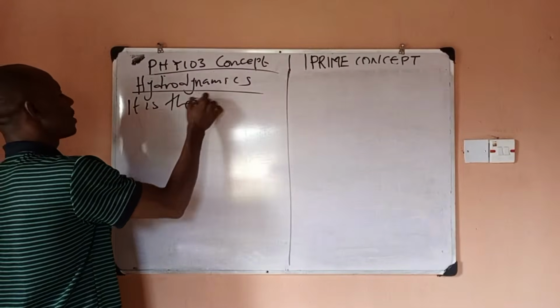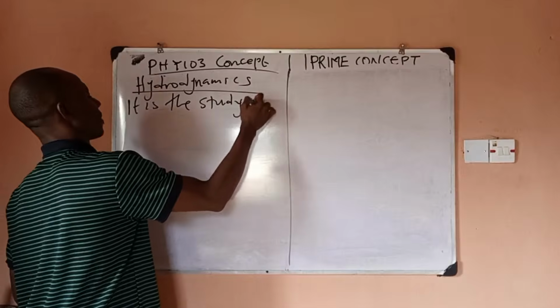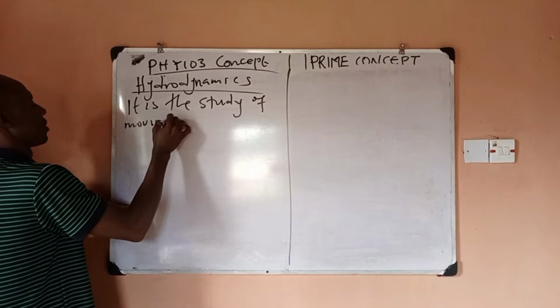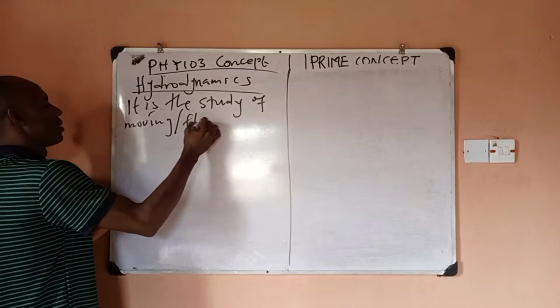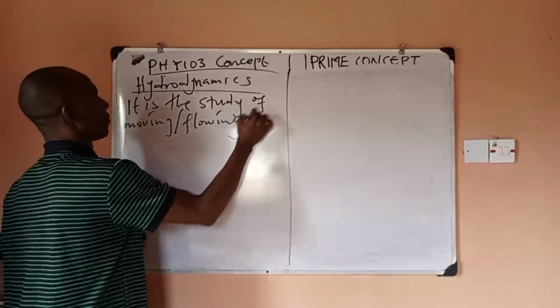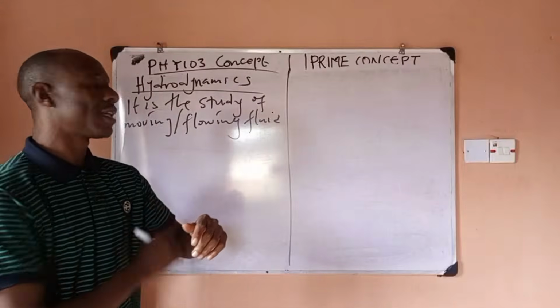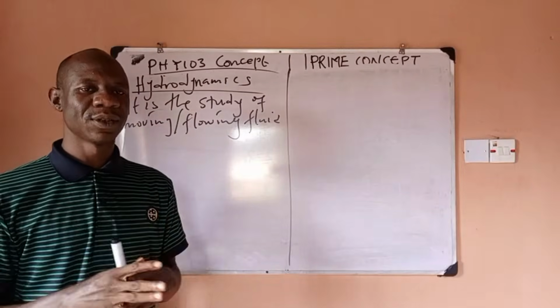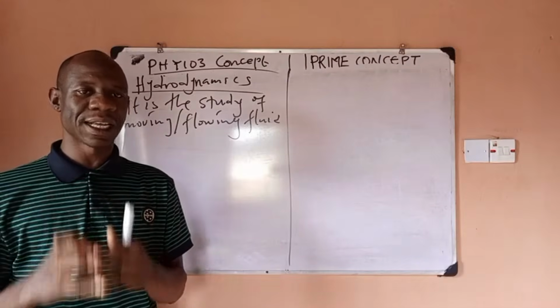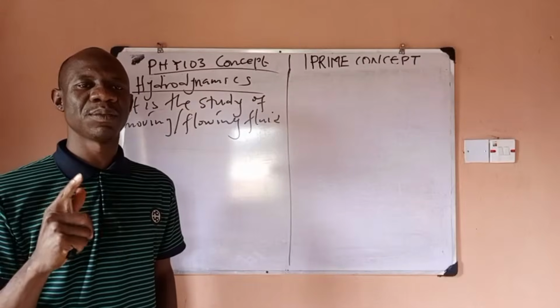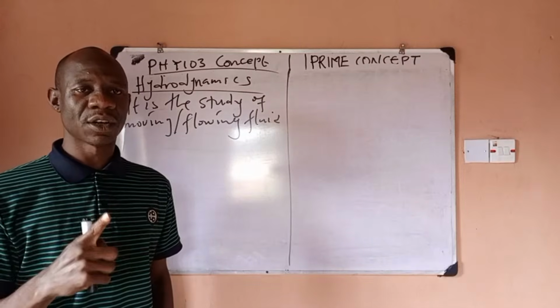It is the study of moving or flowing fluid. Remember this morning, we looked at hydrostatics and we said hydrostatics studies fluid that is at rest. Now, if I should ask you, what is a fluid? Of course, you are correct.